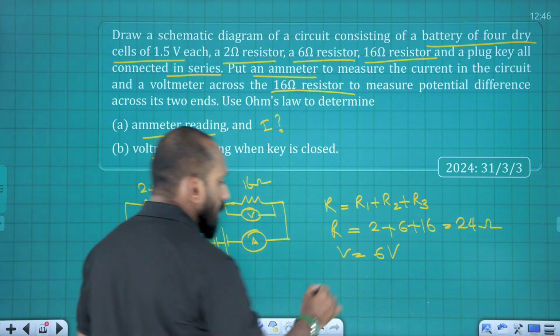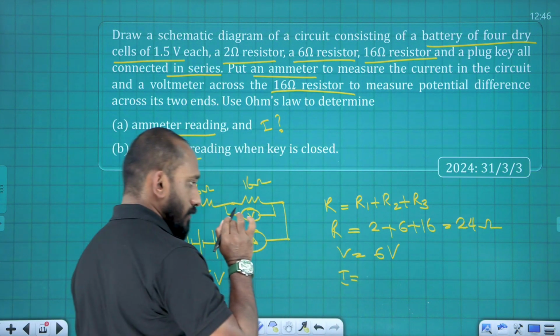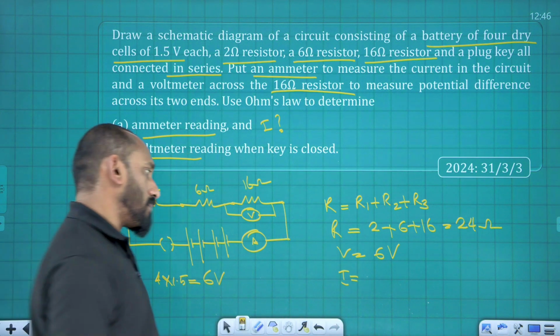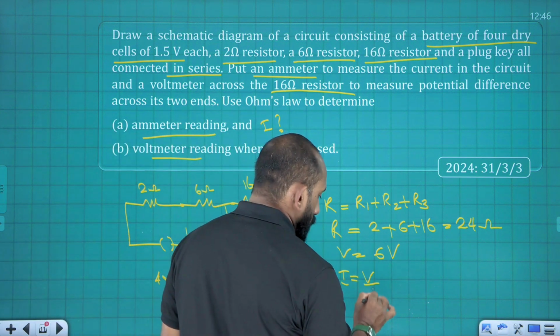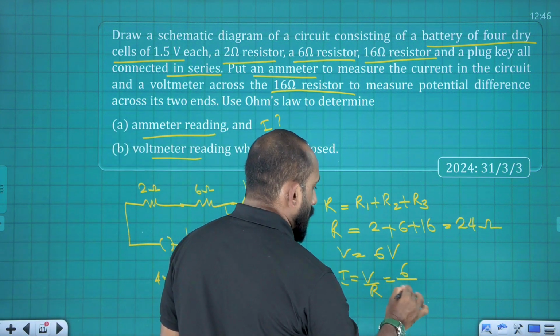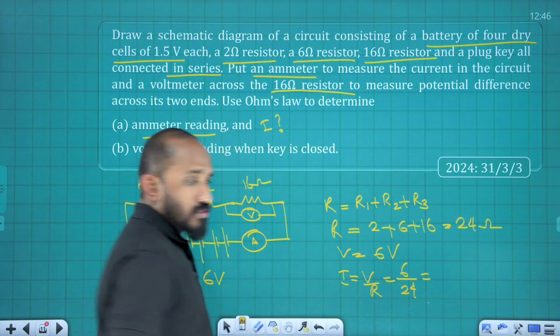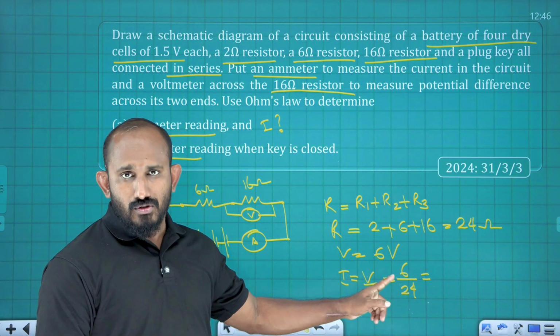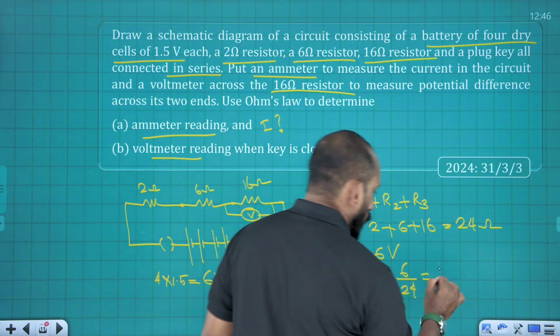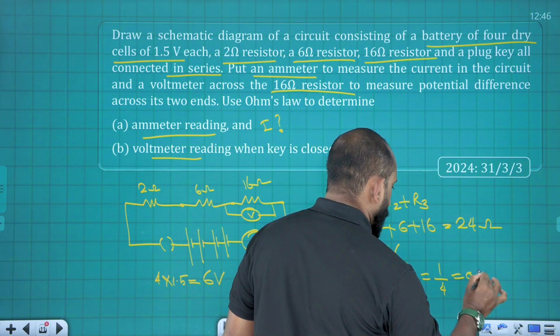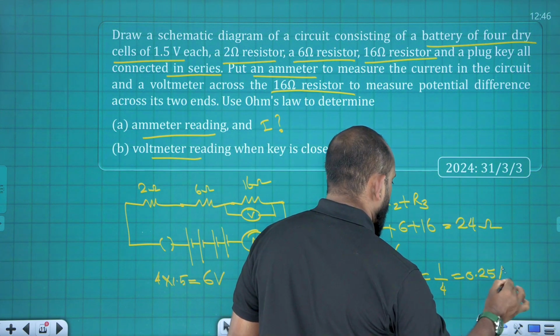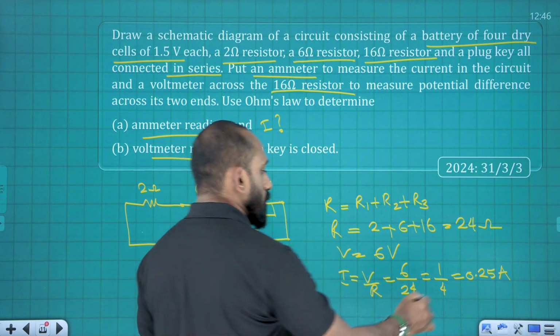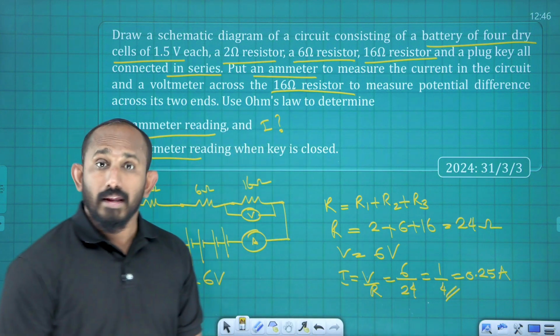Now we have to find I, the net current passing through it. I is equal to V by R, that is 6 by 24. If you cancel this, 1 by 4, that is 0.25 ampere. So 1 by 4 ampere is the net current passing through.